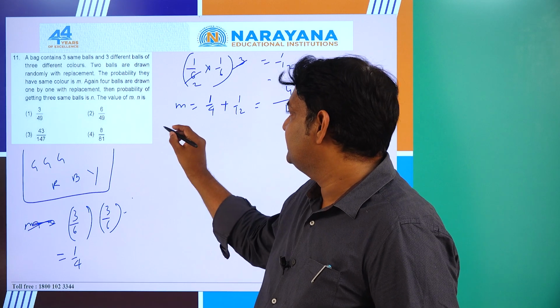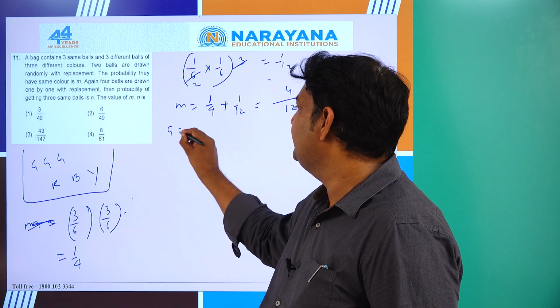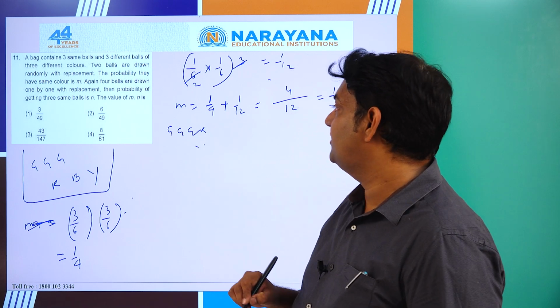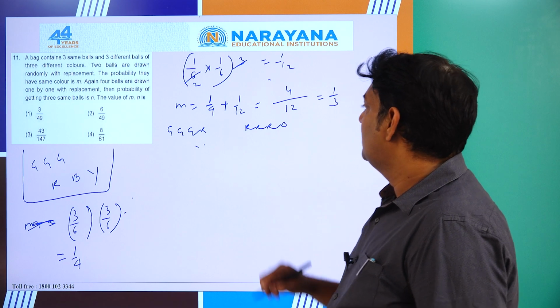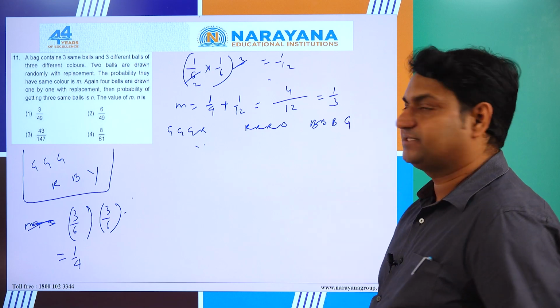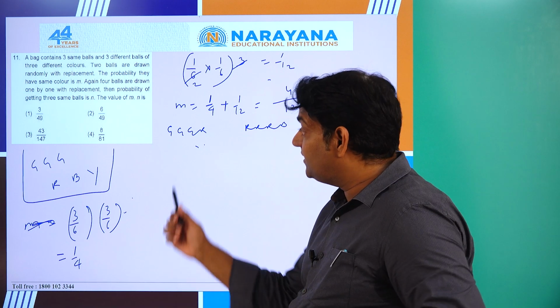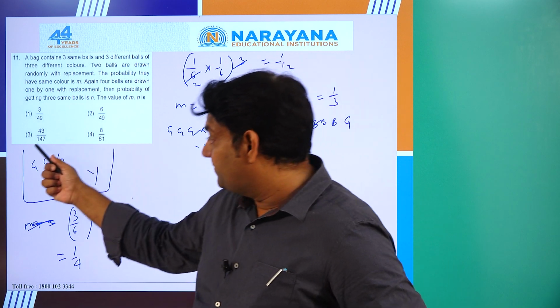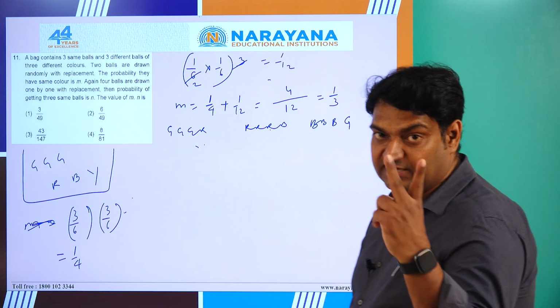In the second case, when he is asking about the N value, it may be something like green, green, green, red, 4 balls you are drawing, or red, red, red, blue, or blue, blue, blue, green. 3 balls of the same color, one is different. Again there are 2 cases: the repeated ball or the non-repeated ball.